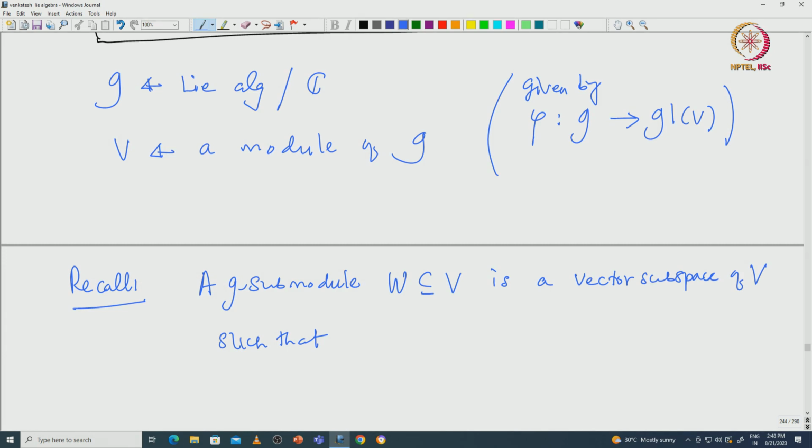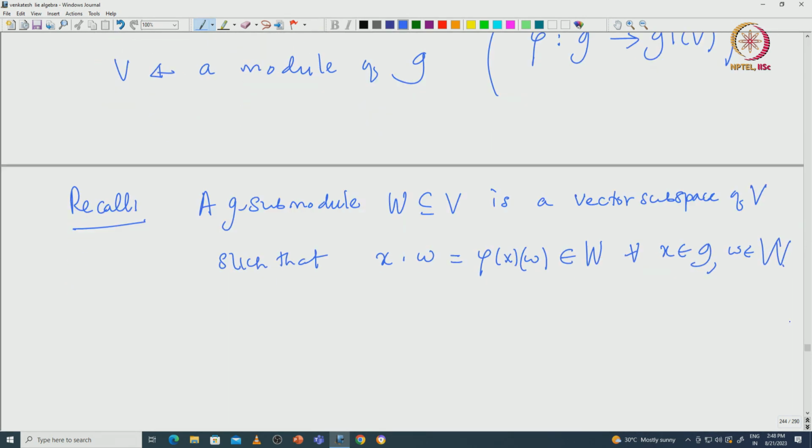In other words, whenever you take some element x in G and w in W, then if you compute the action x dot w, which using that phi is phi x of w, this must be inside W for all x in G and w in W. Then we call this W a submodule.